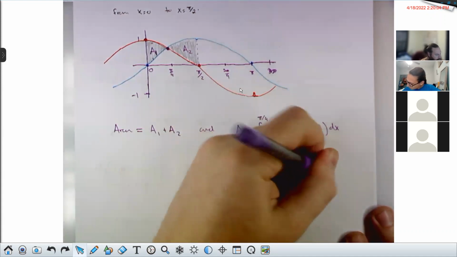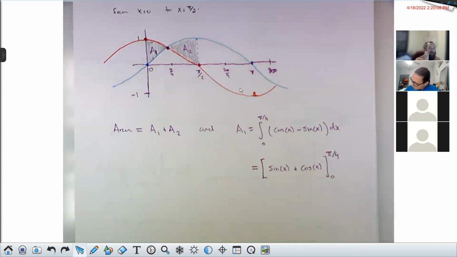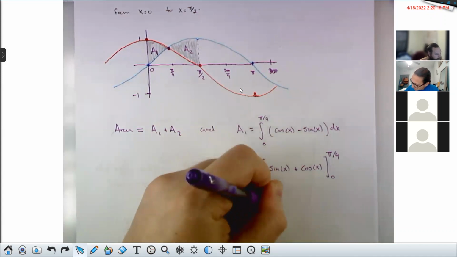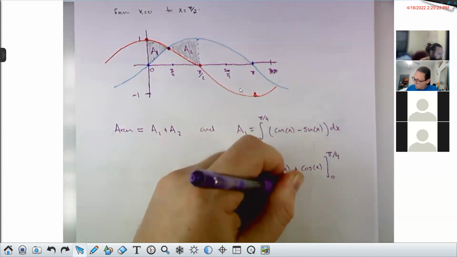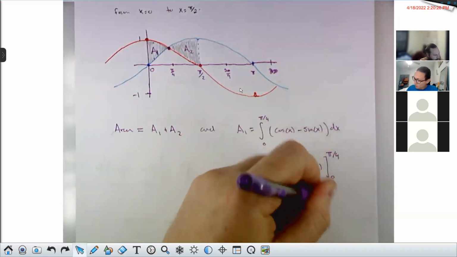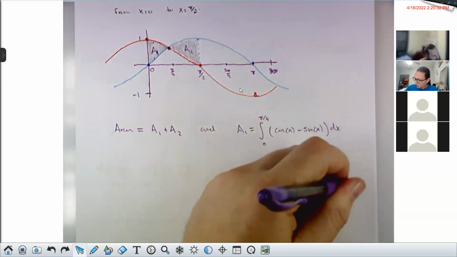And this gets evaluated from 0 to pi over 4. At the upper bound there, sine and cosine are equal to each other. They're both root 2 over 2. So this will be root 2 over 2 plus root 2 over 2. And then minus at the lower bound, sine is 0 and cosine is 1.